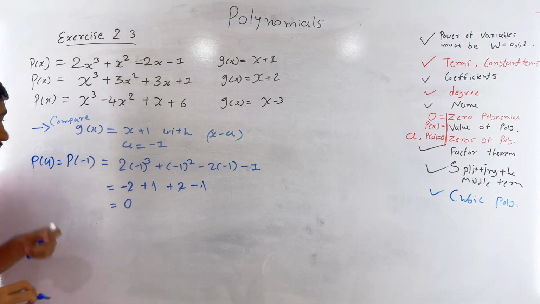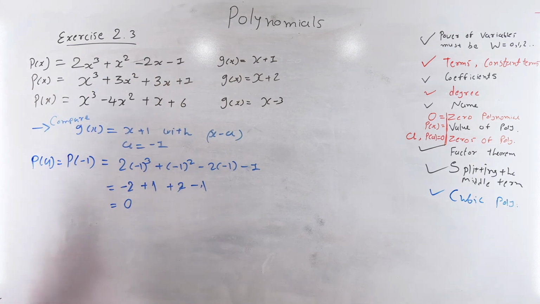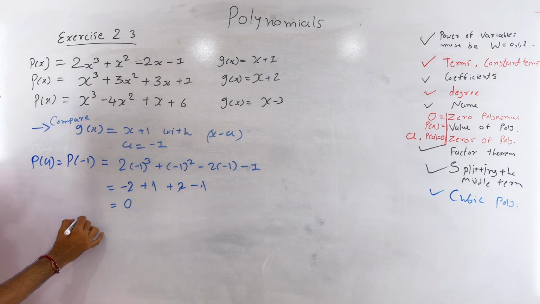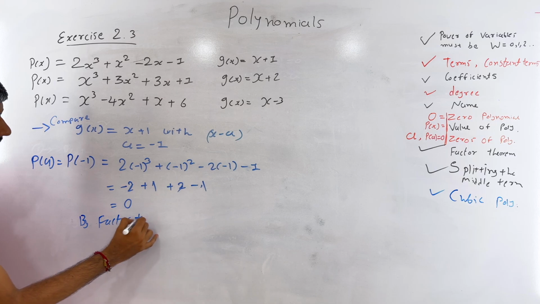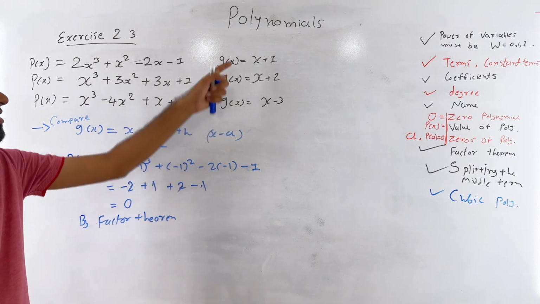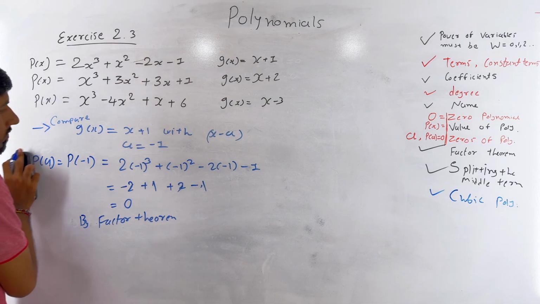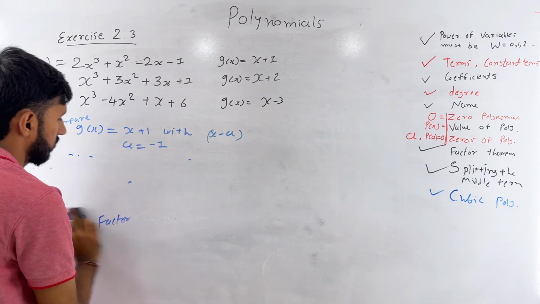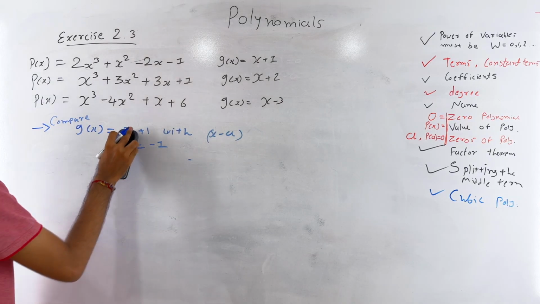P of a is equal to p of minus 1, so I can say that gx is a factor of px, right? So you can write here by factor theorem, we can say gx is a factor of px, right? Very easy. Now we will find second one. We will check it for second one.